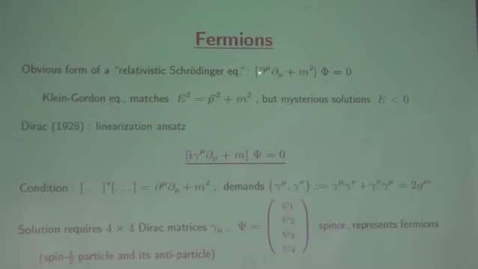If we interpret here the derivatives as operators, then we would have here this energy dispersion relation of the Klein-Gordon equation. And one problem that puzzled people was that this seems to have a negative energy solution. This is then avoided by the Schrödinger equation. And this is what motivated Dirac to say, well, if this is generic for quadratic equations, we try to linearize this. So this is his linearization ansatz.